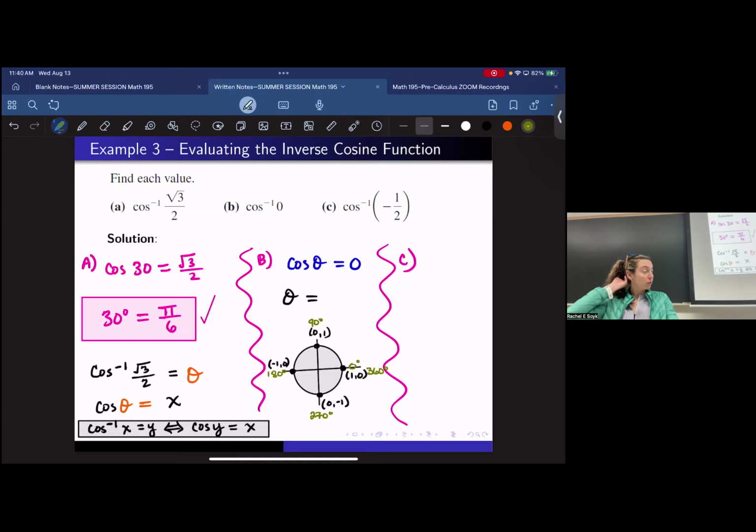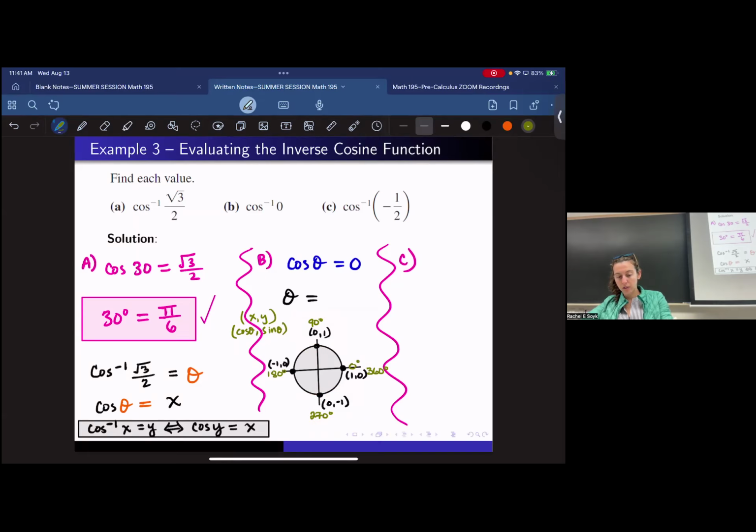And then remember our polar coordinates, our x comma y is the same as cosine of our angle, comma, sine of our angle. So if we're looking at cosine of the angle, we're just looking at where our x coordinate is 0. At 90 degrees and 270. If we were looking between 0 and 180, we would just choose 90. But that goes back to what Adam was saying about coterminal angles.